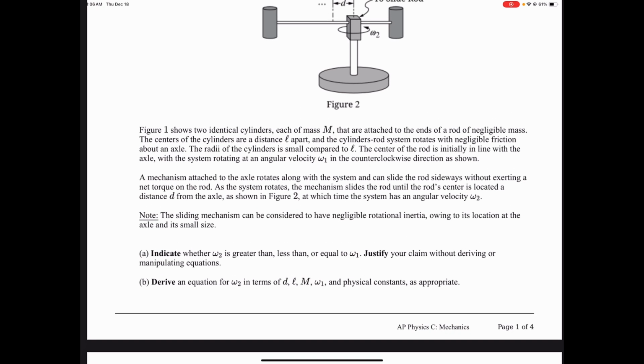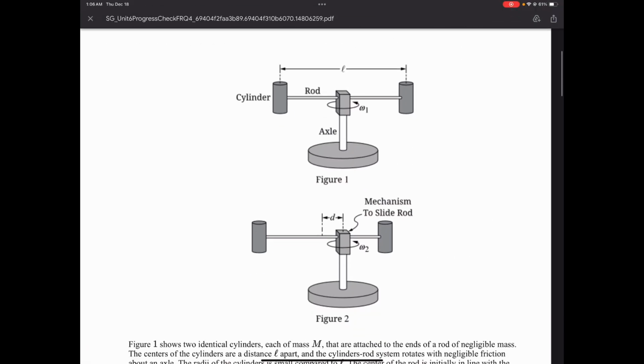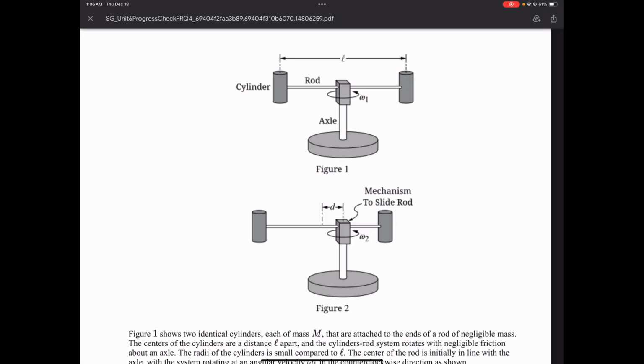I'm a little low on space here, so I'm not going to write out a paragraph. But basically, the argument is that more of the mass is going to be distributed away from the axis of rotation. So now the center of mass of the system is shifted from the axis of rotation. You can think of it in terms of the parallel axis theorem; that's going to increase the moment of inertia.